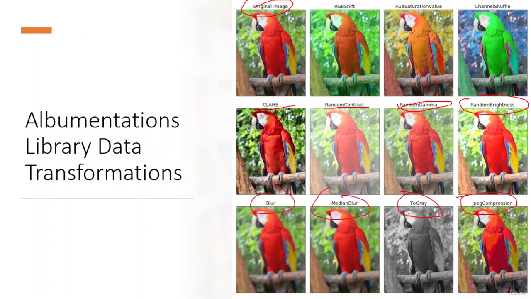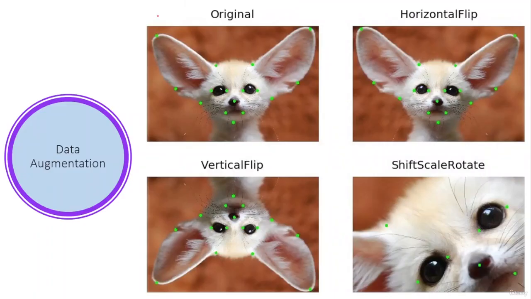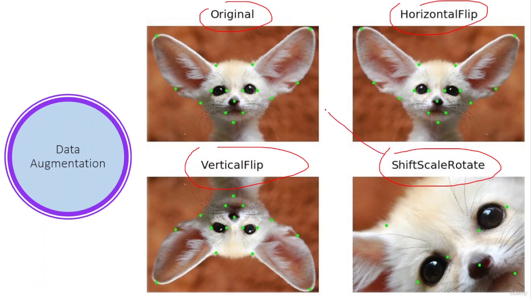So there are different transformations available in the library that you can use to transform the image. Here you can see another example of transformation. For example, here is the original image and then the horizontally flipped image, then vertically flipped, and then finally shift scale rotate of the original image. So there are different transformations that can be applied using this library.